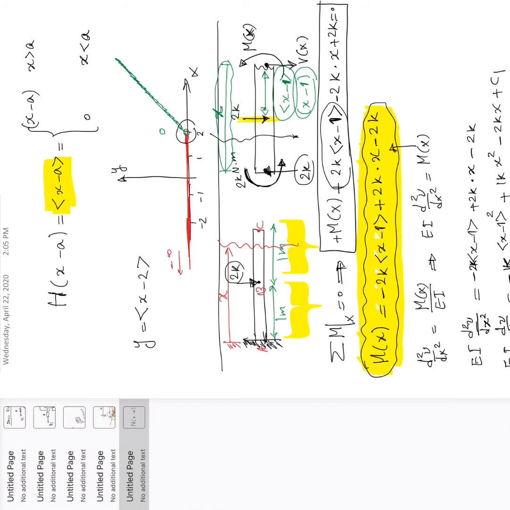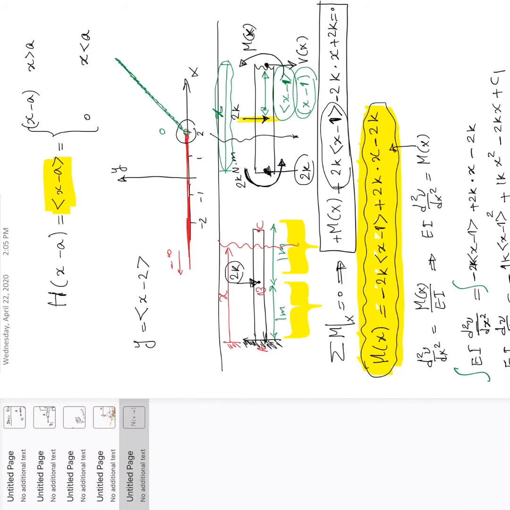So all I did was take the integral of both sides of this relation. On the left you get EI dv/dx, on the right you get negative 1K. This I need to write more clearly. So this is negative 1K.